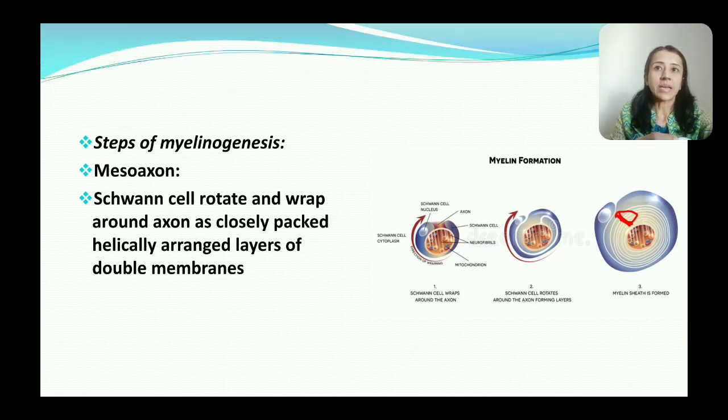I repeat, the cell membrane of the Schwann cell which forms the myelin sheath is connected with the other cell membrane of the Schwann cell through the mesaxon. And here there is a double layer, as the cell membrane is made up of a lipid bilayer. So this myelin sheath is also made up of a double layer of the cell membrane.